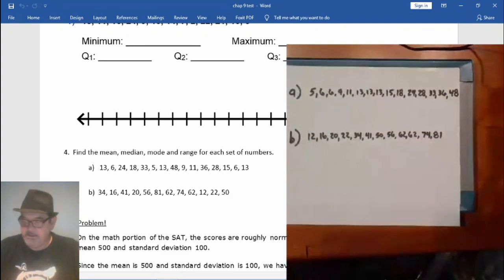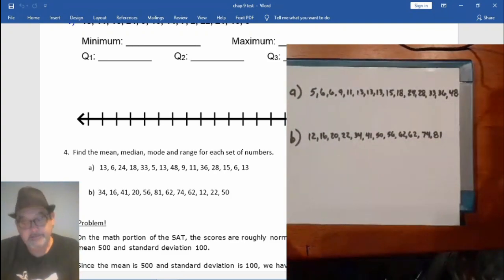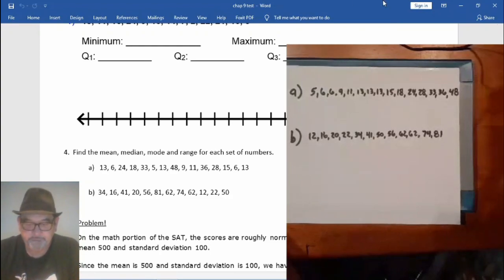Let's find the mean. This could take a little bit, but we're going to add all these numbers up together. 5 plus 6 plus 6 plus 9 plus 11 plus 13, 3 times, 15, 18, 24, 28, 33, 36, 48.